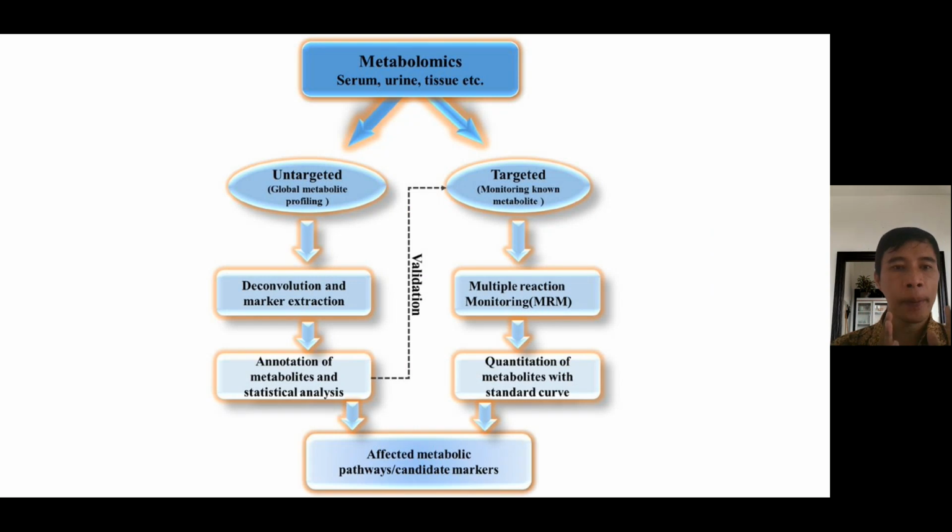However, there is a very close relationship between the results of the untargeted approach and the targeted approach, because by analyzing your data using the untargeted approach, you will obtain a global metabolic profile, and this global metabolic profile could be used as material for further targeted analysis of your samples.